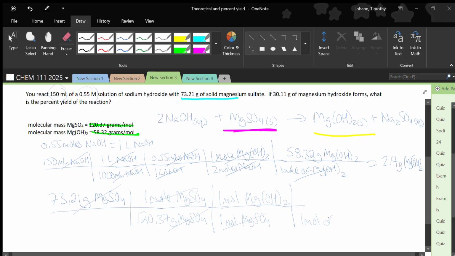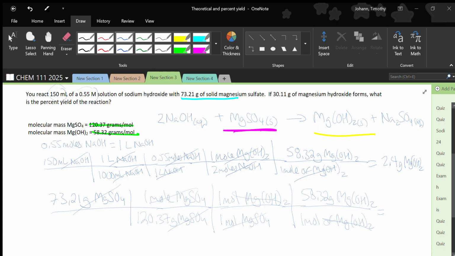So 1 mole of magnesium hydroxide is equal to 58.32 grams, just like above, of magnesium hydroxide. And I am ready. Moles of magnesium hydroxide cancels with moles of magnesium hydroxide. I'm ready to multiply across the top, so 73.21 times 58.32 divided by 120.37.